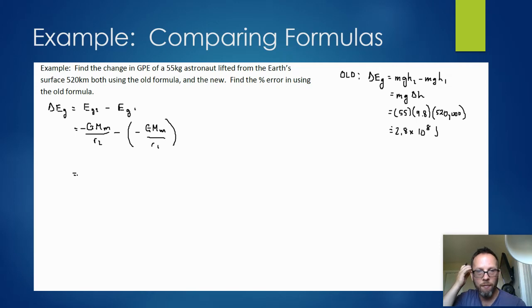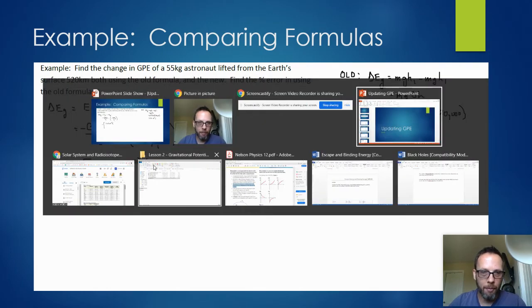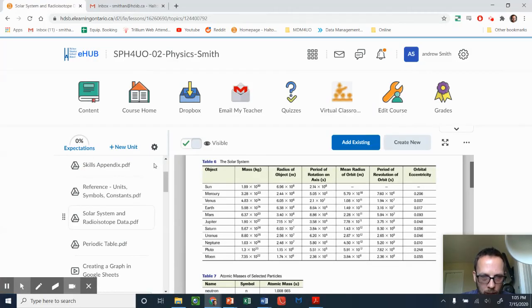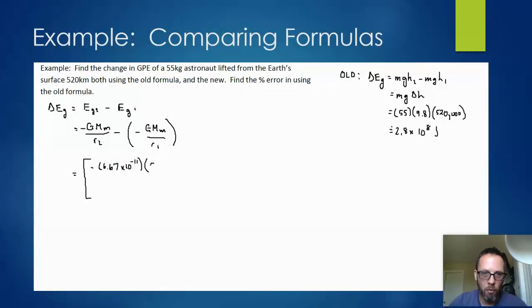I know I could do some factoring here to save myself a bit of writing, but I do want to find each one individually. So I'm going to put some square brackets here. Let's get this first one done. So negative 6.67 times 10 to the negative 11. Mass of the Earth, always forgetting the mass of the Earth, 5.98 times 10 to the 24. Little m, our second mass, the astronaut, 55.